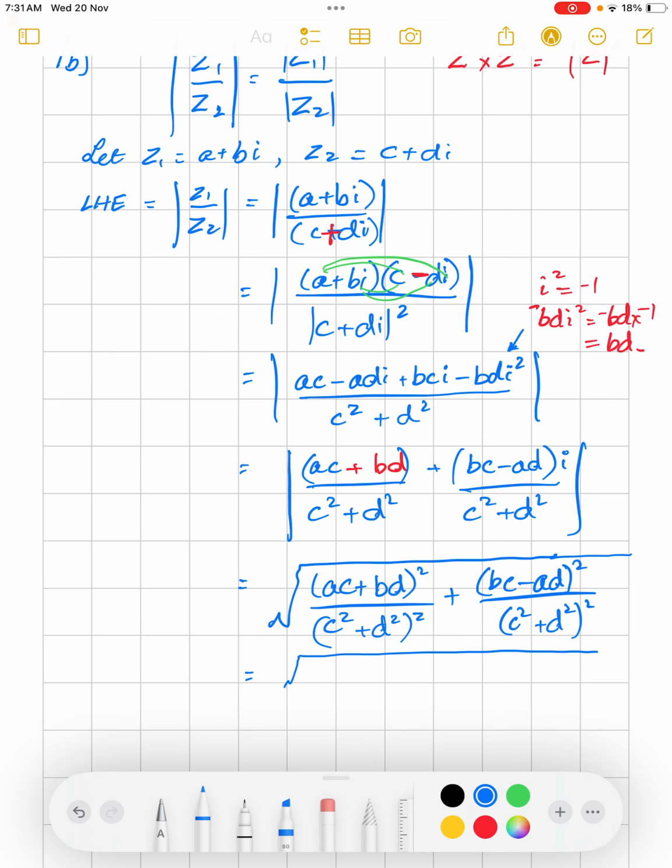We've got the square root of A squared C squared plus 2ACBD plus B squared D squared, and plus, and this is all over, I'm going to split it up, the square root of the denominator.